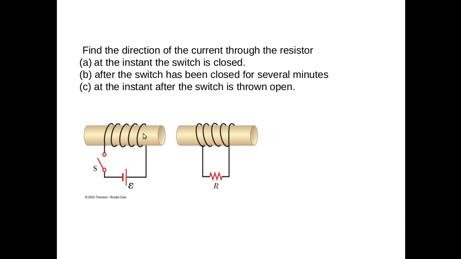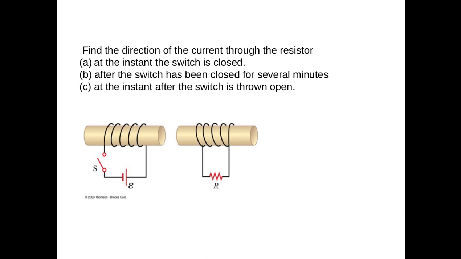The delta B in part C, when we open the switch, is actually in the negative X direction now. So since the magnetic field to the right is decreasing, delta B is to the left.